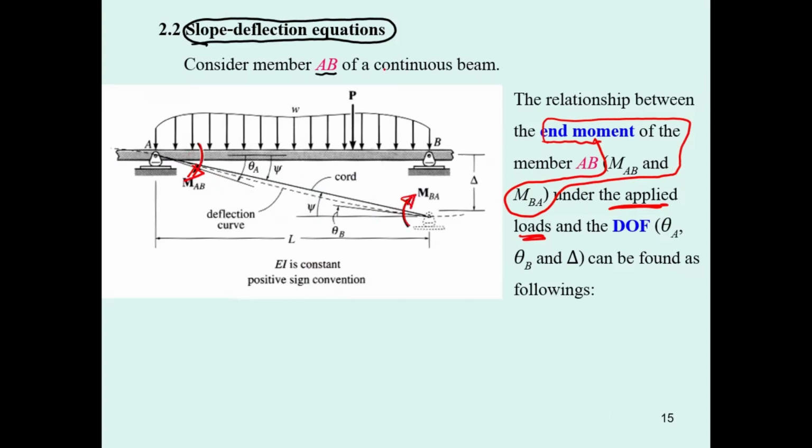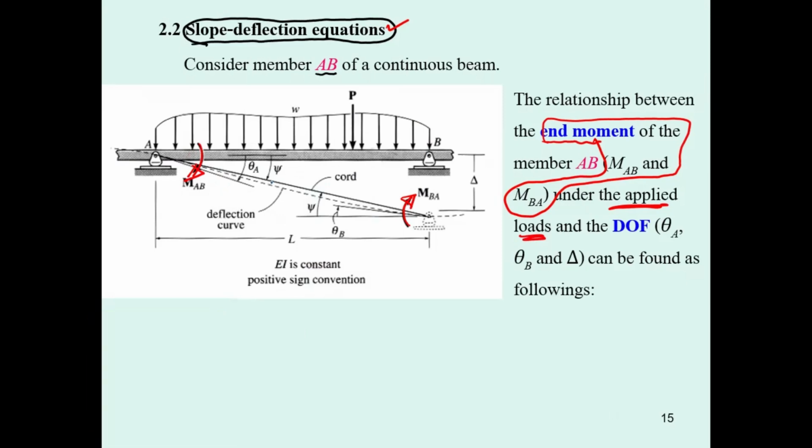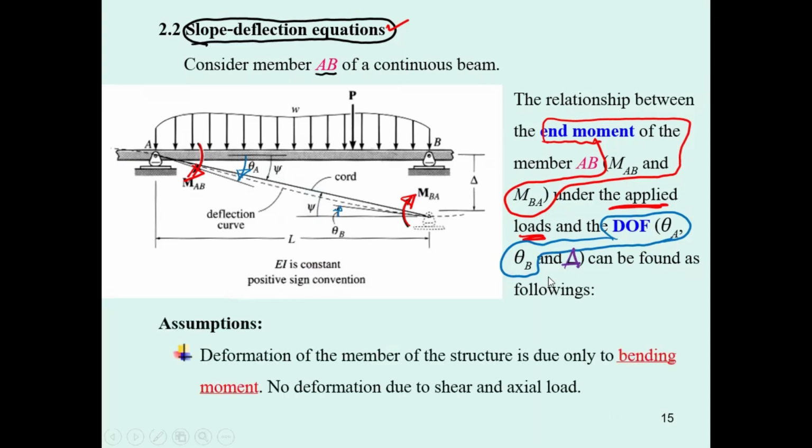The equation is derived based on the end moments. Second, under application of the external force, there is rotation. That's the degree of freedom, theta sub A and theta sub B. And also, there may be the differential settlement. All of this is going to relate to each other.